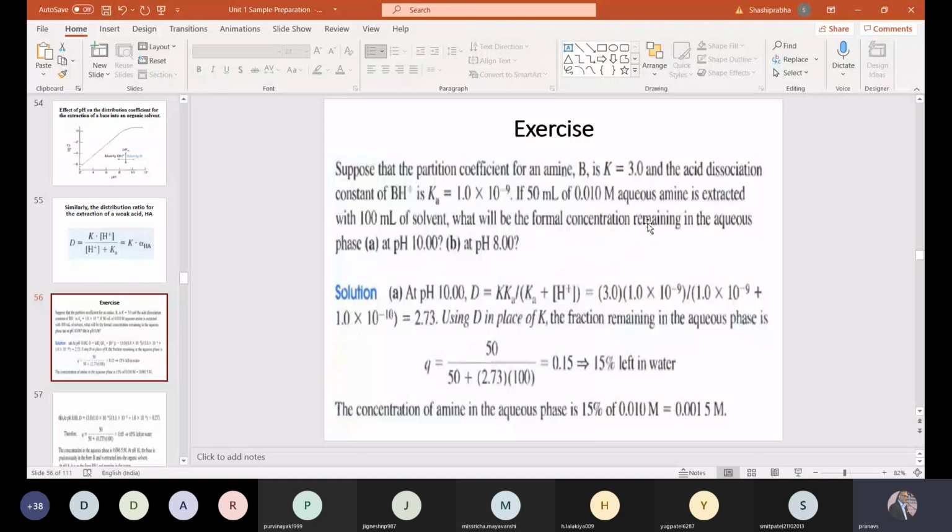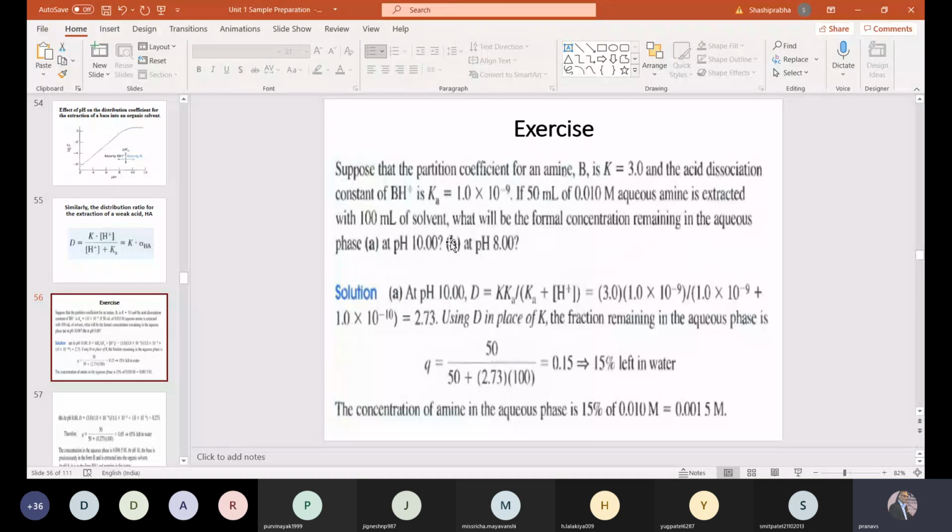What will be the formal concentration remaining in the aqueous phase at pH 10 and at pH 8? Even without solving this problem, you can say that the extraction would be more at pH 10 as compared to pH 8, because this is a base.